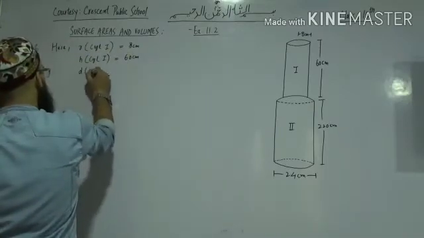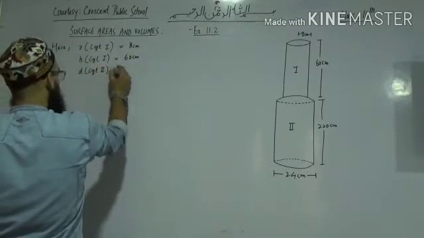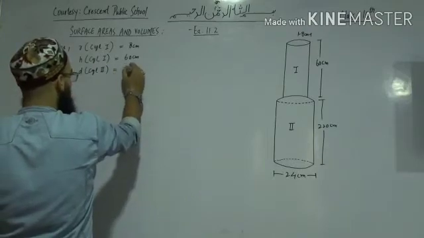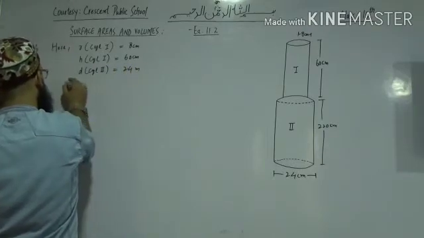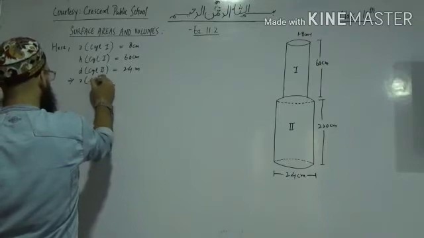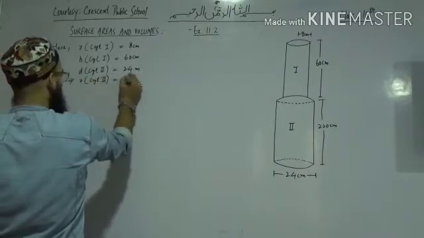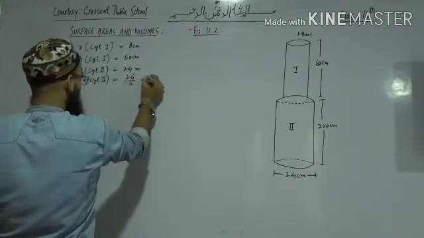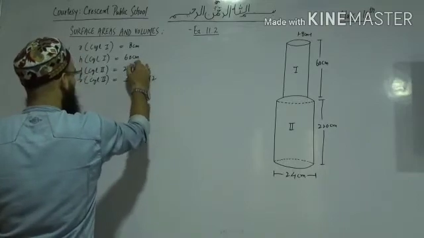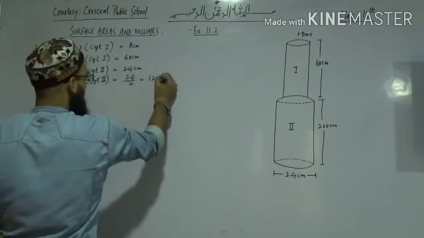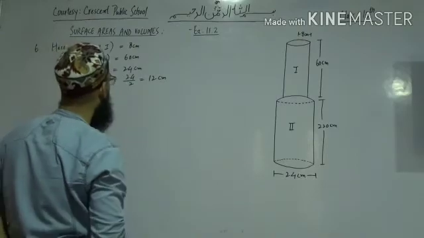Diameter of cylinder 2 is 24 centimeter, which implies that radius of cylinder 2 is equal to 24 divided by 2, that is 12 centimeter. Got it?